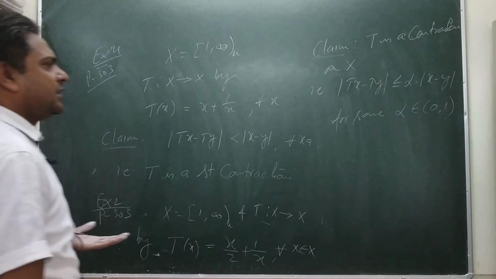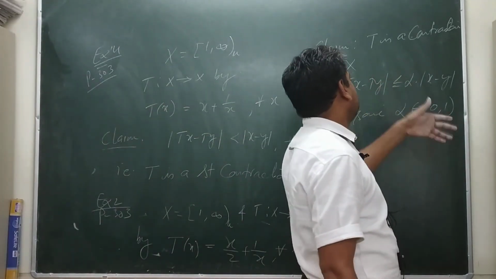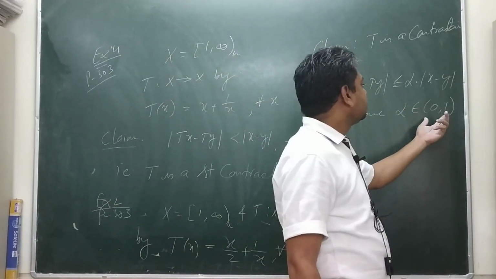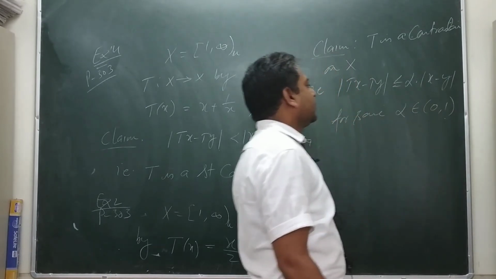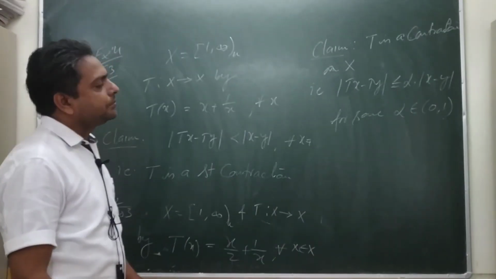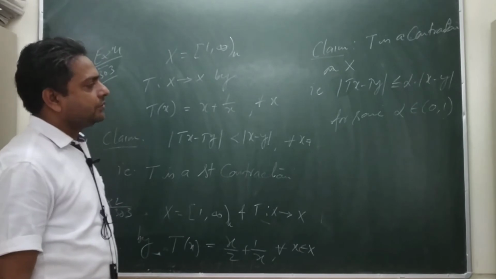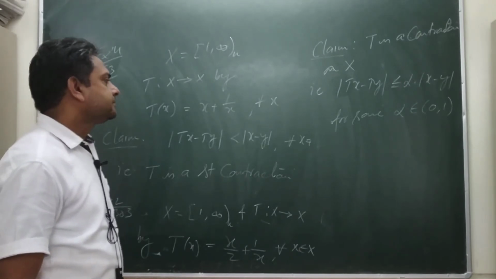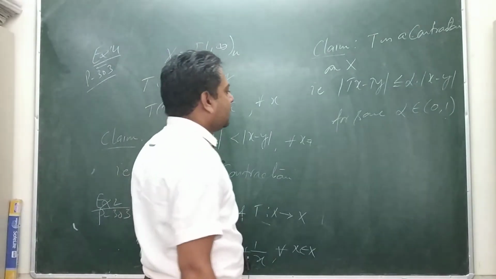Because when we take alpha as 0, everything is trivial. Only sometimes we consider this to be in the open interval. This is more appropriate as compared to the half-open interval from the 0 side.